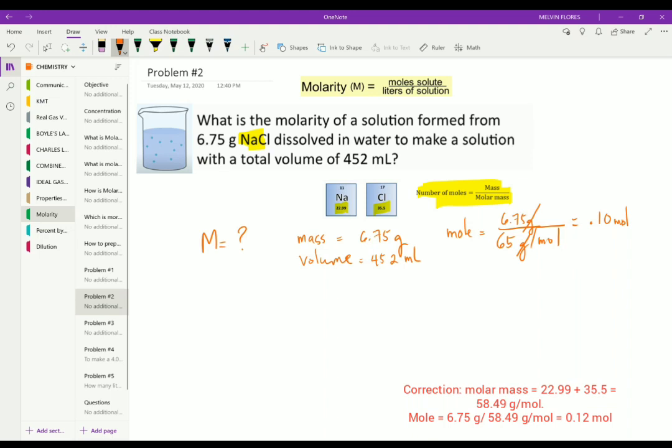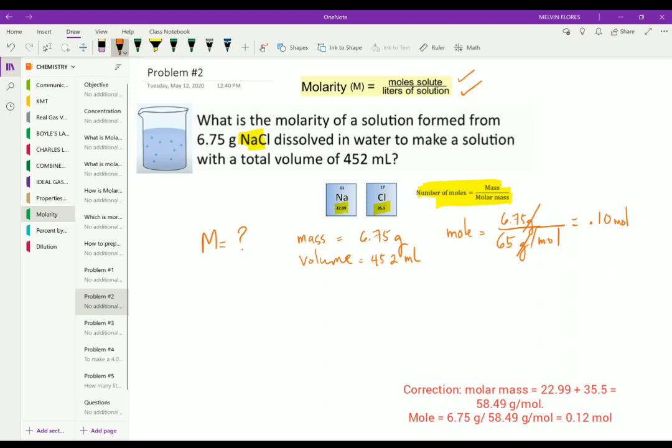That's our mole. We need to get the volume also, right? The volume should be in liter, as you can see here, it says liter of solution. The volume is given in milliliters, so we have to convert that into liter.